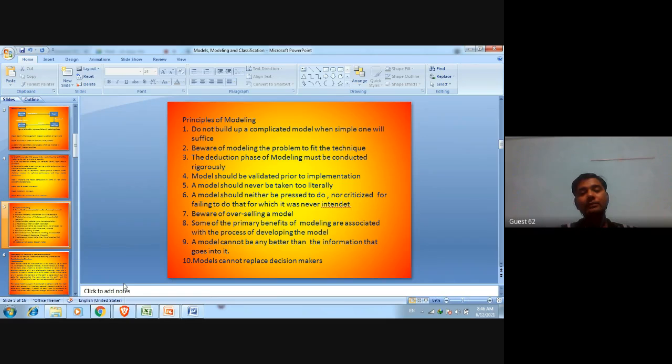Now, the third principle says the deduction phase of modeling must be conducted rigorously. The reason for requiring rigorous deduction is that one wants to be sure that if model conclusions are inconsistent with reality, then the defect lies in the assumptions.